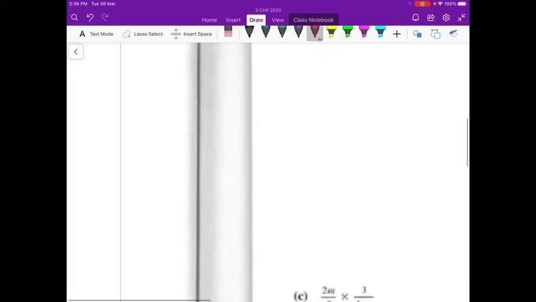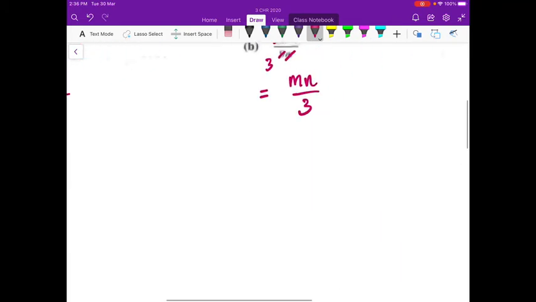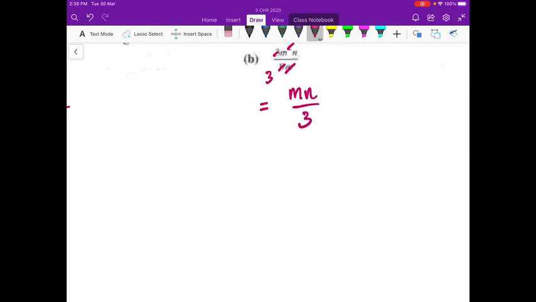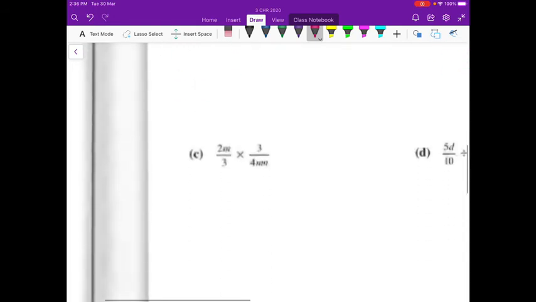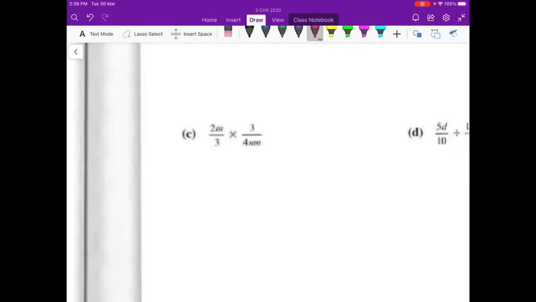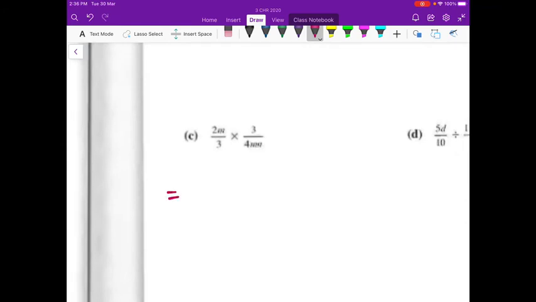Times. You write 1 mn. No, don't write 1 mn. Okay, times. Fraction times fraction. Numerator times numerator, denominator times denominator. So we have 2m times 3, 3 times 4mn.